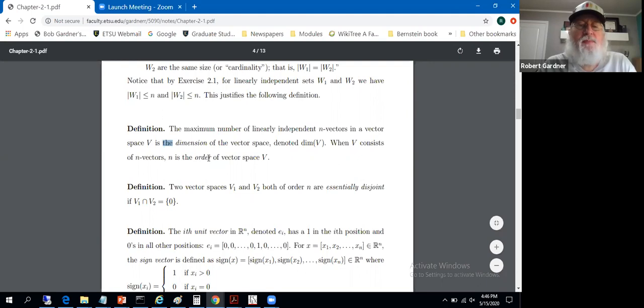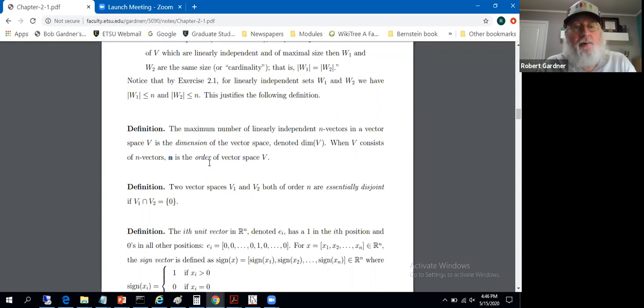The order of the space, this is probably a new word to you. It's the number of components. It's n. We're only considering n-vectors, so n is called the order of the vector space. Rn is both order n and dimension n, but I could have, say, a three-dimensional subspace of R4.